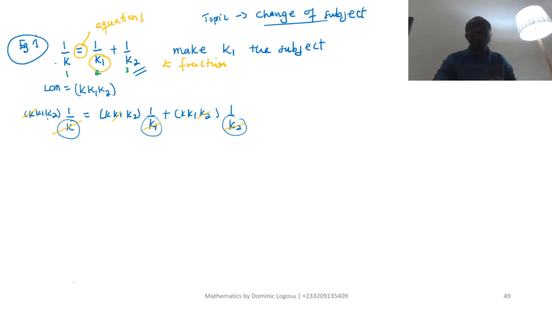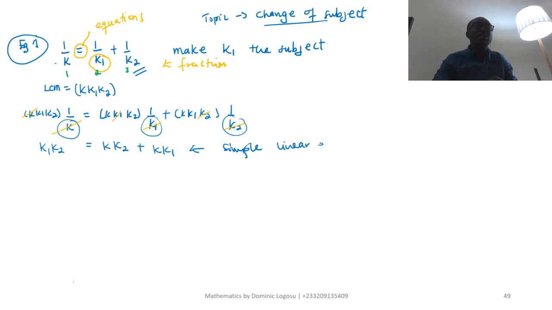Rewriting this, it means we have only k1, k2. 1 multiplying it will not change the value, so we write k1, k2, and then we have k, k2, because k1 was cancelled, and then now we have what? K, k1.